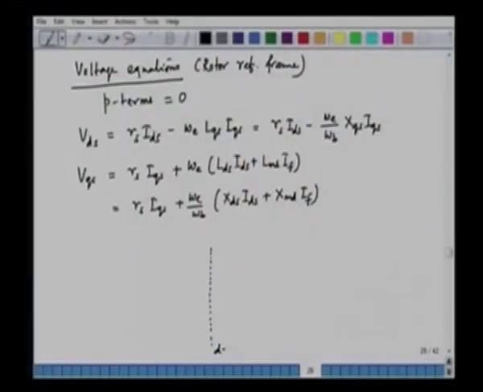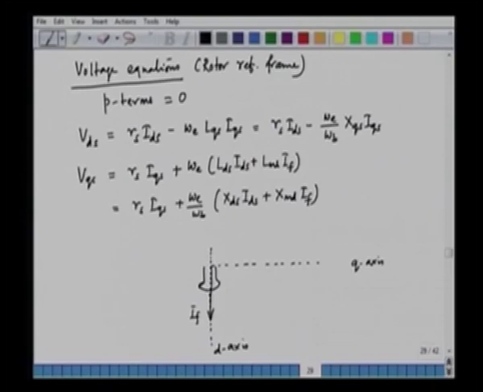We have distinct d axis and q axis. So this is our d axis and this is our q axis. And the d axis will have the field winding, so we can show that in terms of the field pole, and the field current is along the d axis. So we can say this to be If.